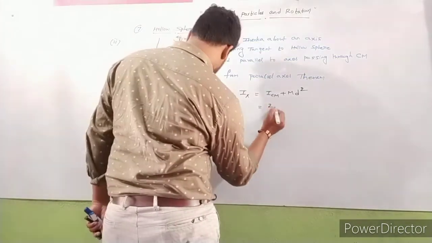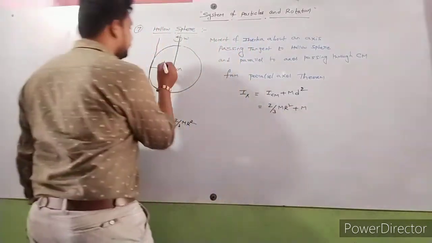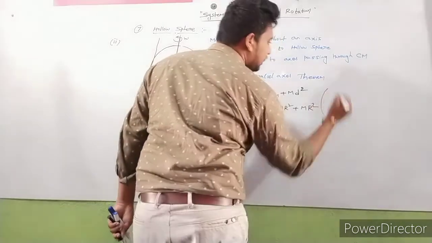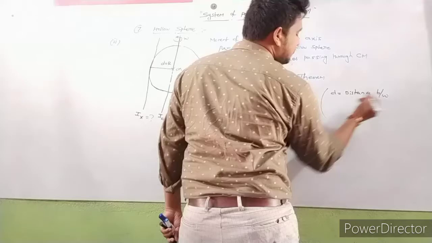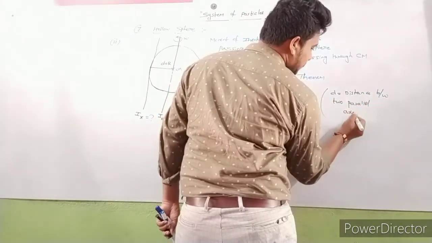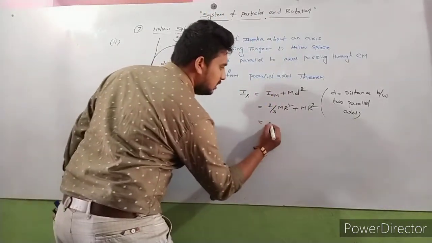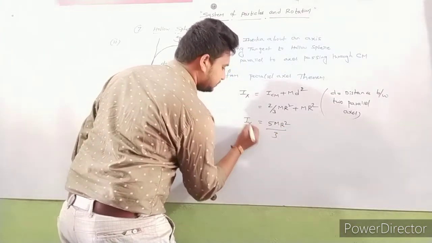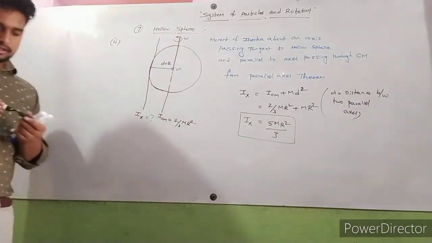ICM means 2 by 3 into mr square, and d is equal to r. From this we got 5 mr square by 3. So this is case 2 in hollow sphere.